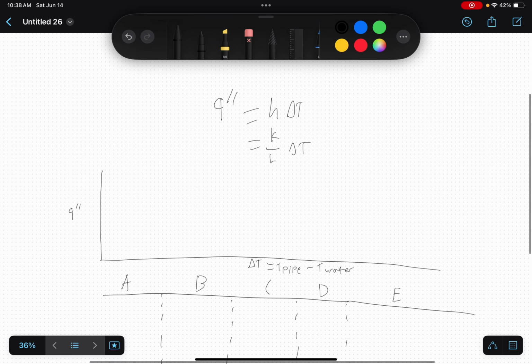So in both cases, as delta T increases, the Q should increase. Well, that's not actually the case.